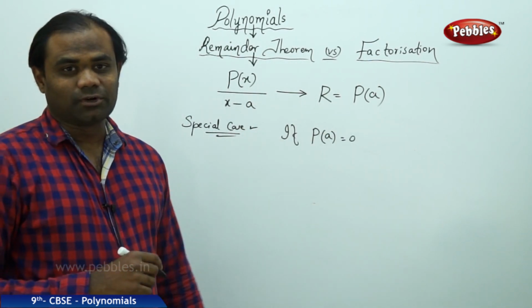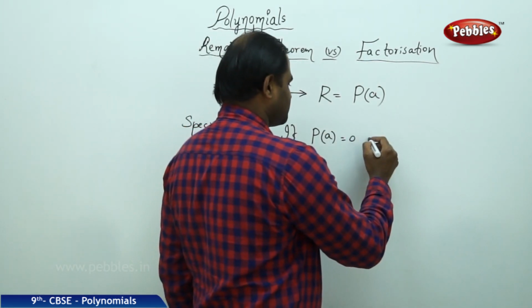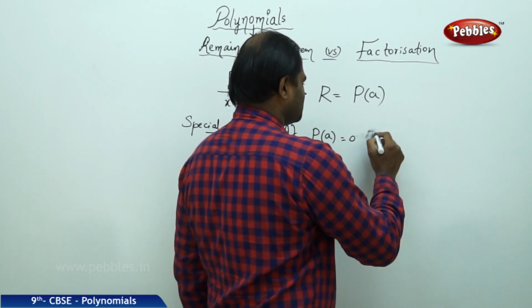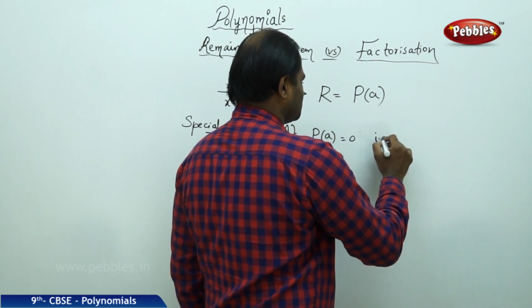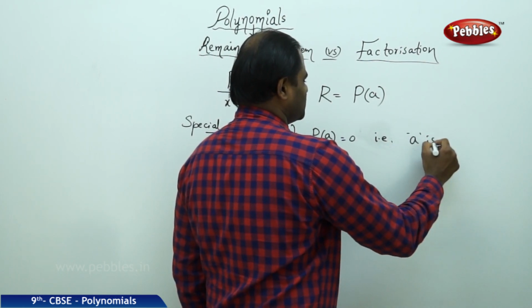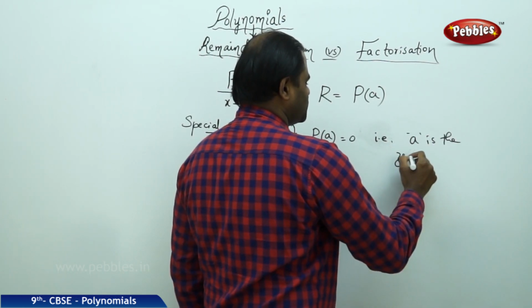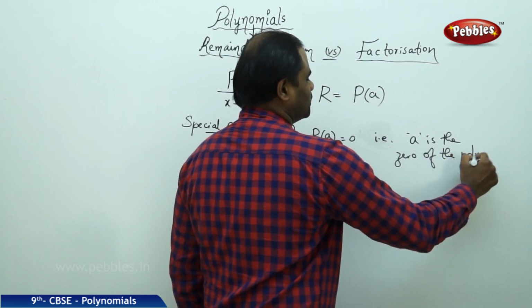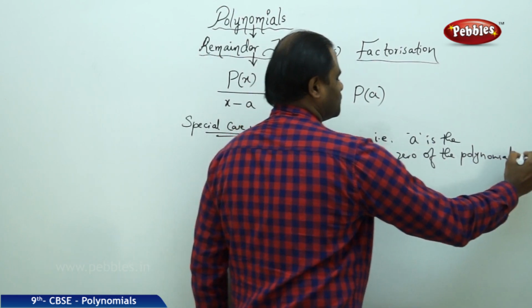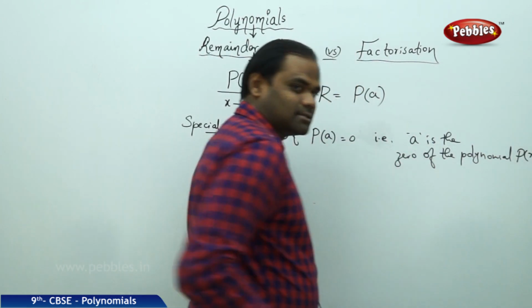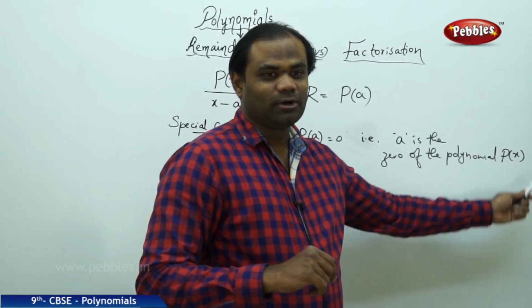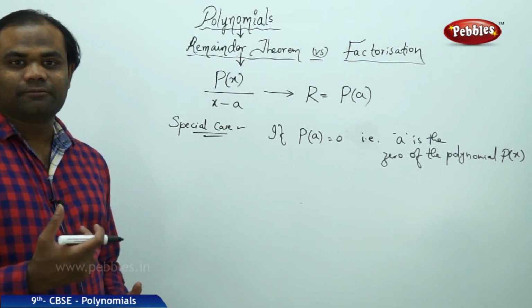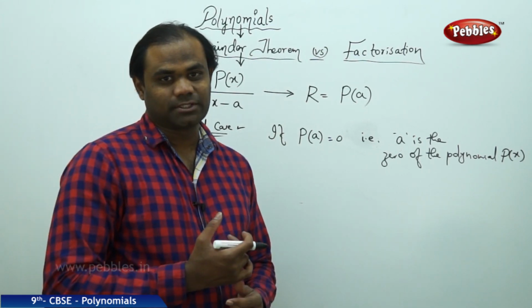If P of a is 0, that is, a is the 0 of the polynomial P of x, which gives us a different concept of understanding the factorization.